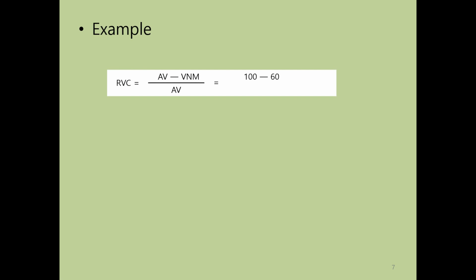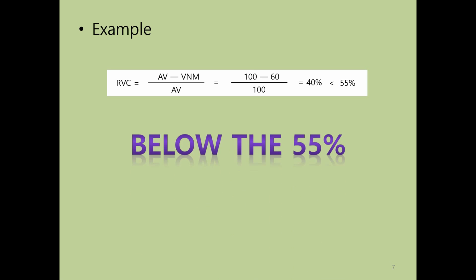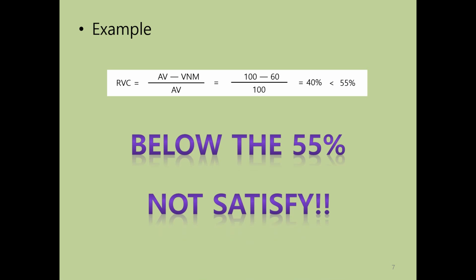So 100 minus 60 divided by 100 is 40%. The origin criterion requires more than 55%. The result is less than 55%. Okay, the RBC rate is below the 55%, so the product doesn't satisfy the origin criterion. In this situation, we will see how these two factors affect the RBC by changing the two factors in the next slide.